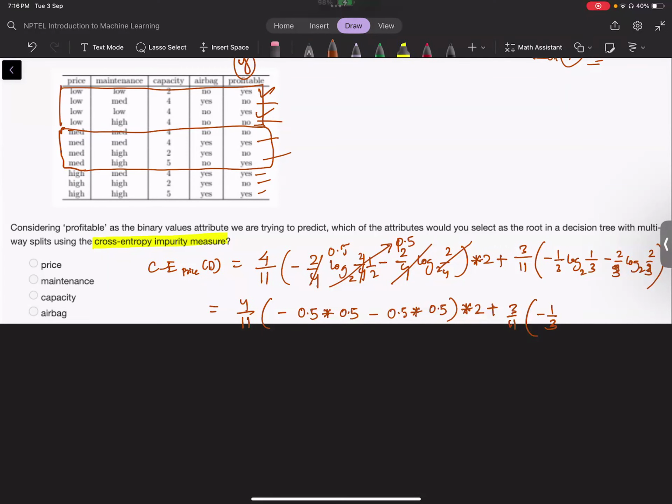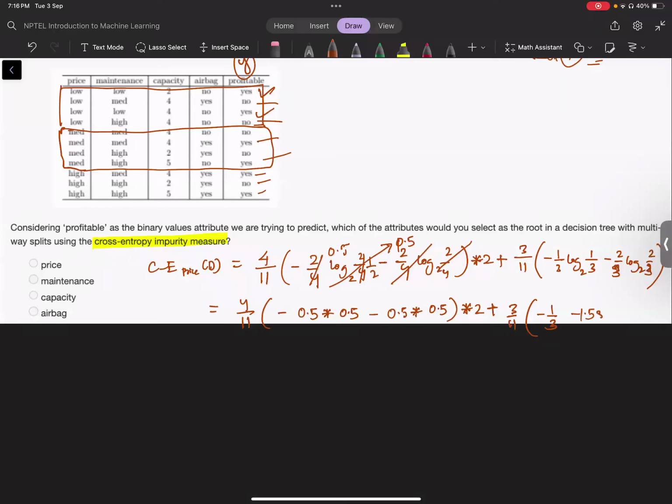Can someone calculate log 1 by 3 base 2? Minus 1.58.